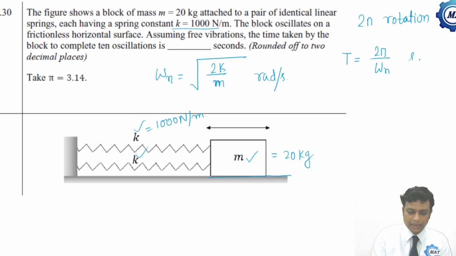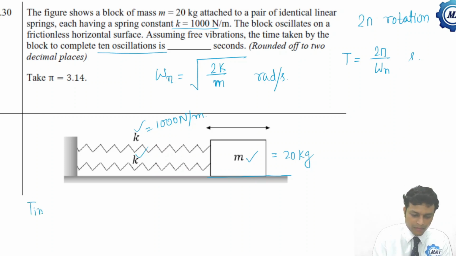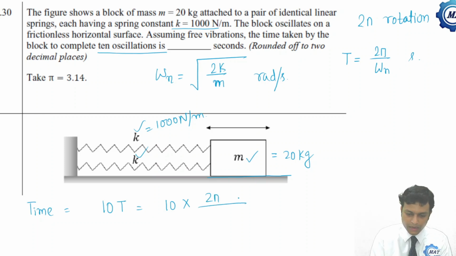For 10 cycles, to complete 10 oscillations, what is the time? Time is 10T, that is 10 into 2 pi by omega n. Omega n is root of 2 into k, which is 1000, divided by m, which is 20 kg.